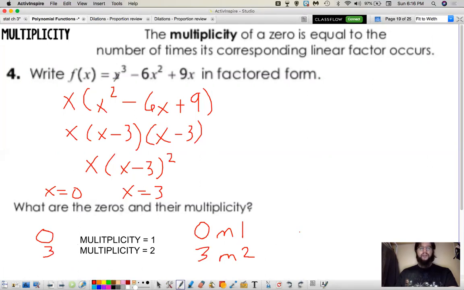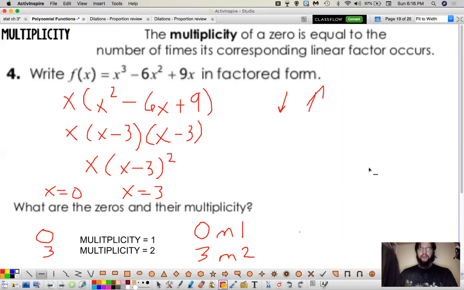So I know it's an odd polynomial with a positive leading coefficient. So that's down, up. So I know I'm going to start somewhere from negative infinity. So let me just get something on here.